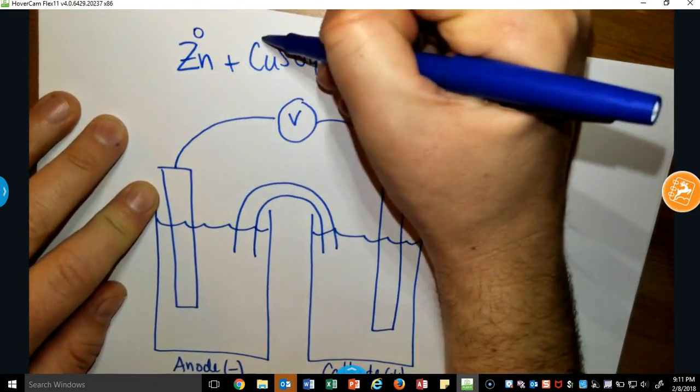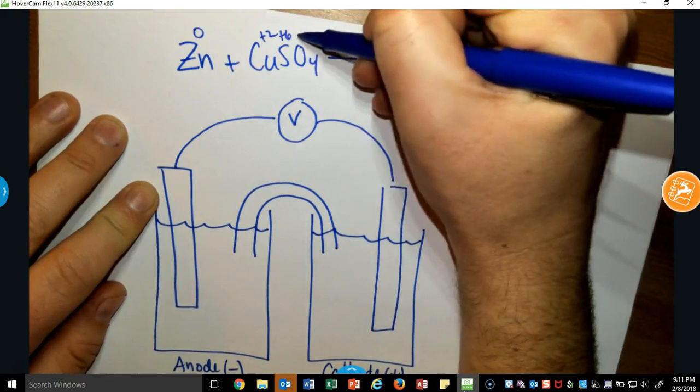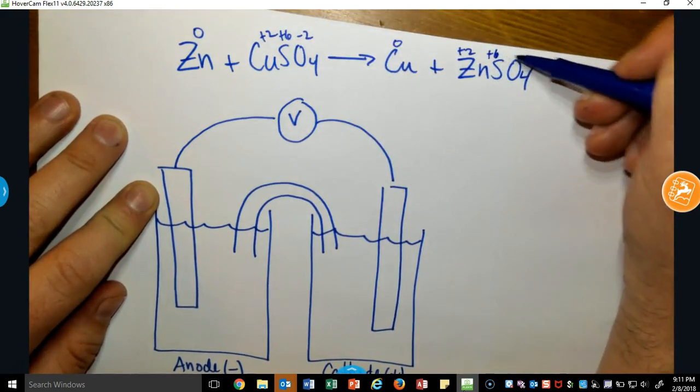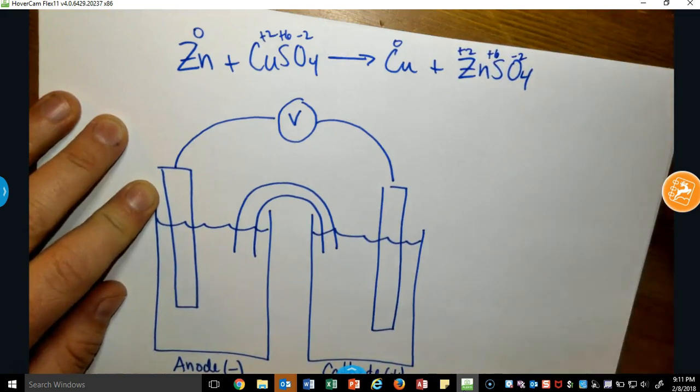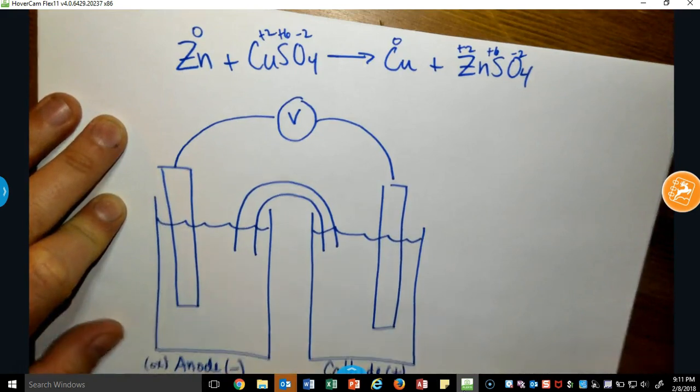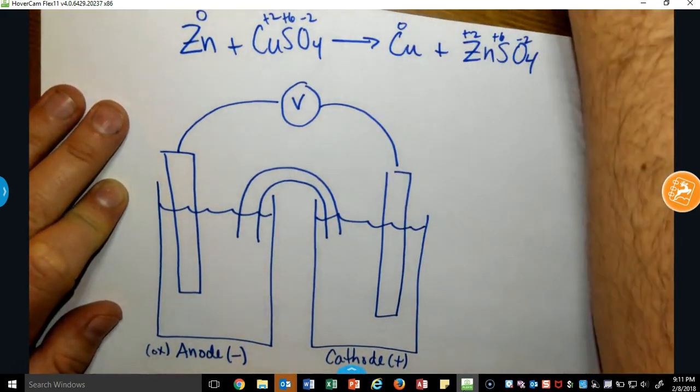Now if we look at this reaction and all the oxidation states of the elements, we see that in this equation zinc is being oxidized. Since oxidation occurs at the anode, let's see if I can zoom out a little bit here.